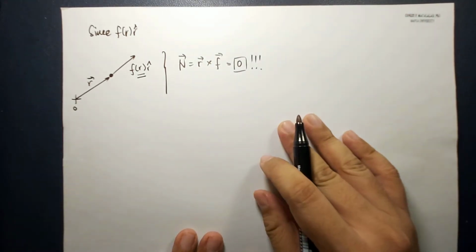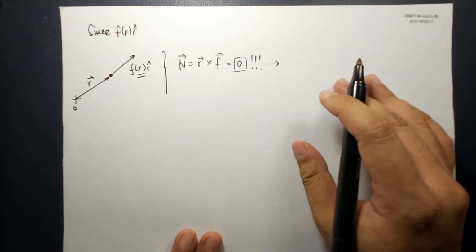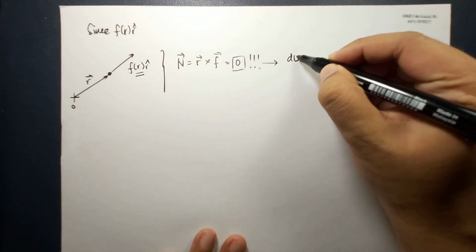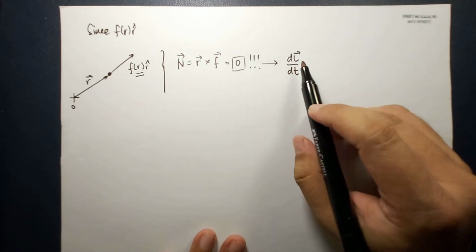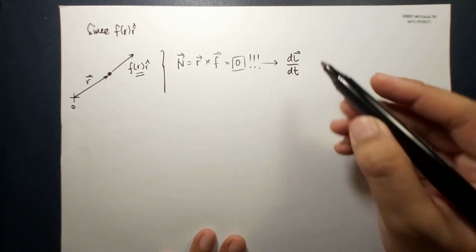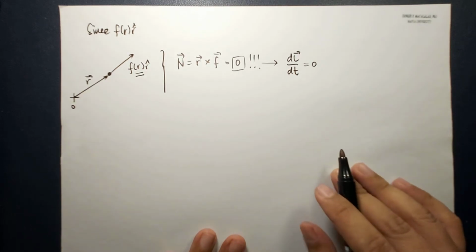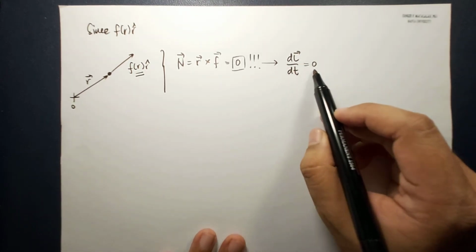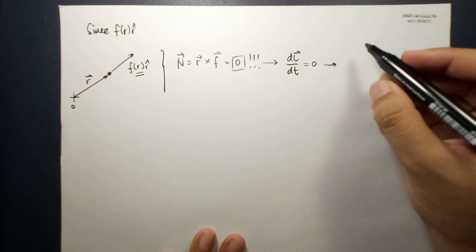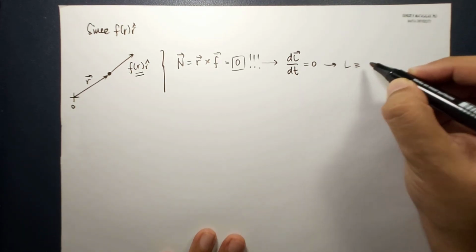So what does it mean? It means that this implies that the derivative of your angular momentum with respect to time is equal to 0. And when you take the time derivative of something and that is equal to 0, it follows that L is constant.